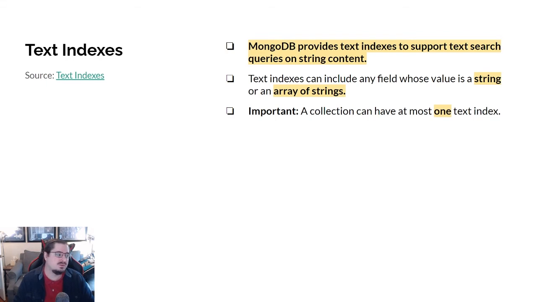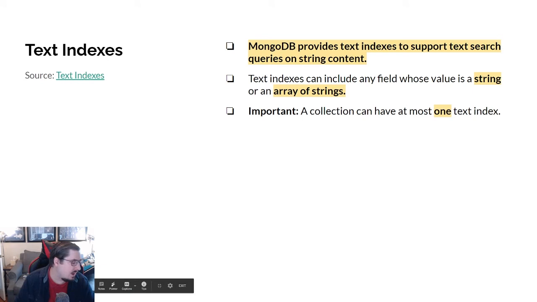If you index the price, it's going to go ahead and do it and not give you an error, but it won't put any of those prices in there because they're all numbers. It's also important to note, as I mentioned previously, that a collection can only ever have at most one text index.